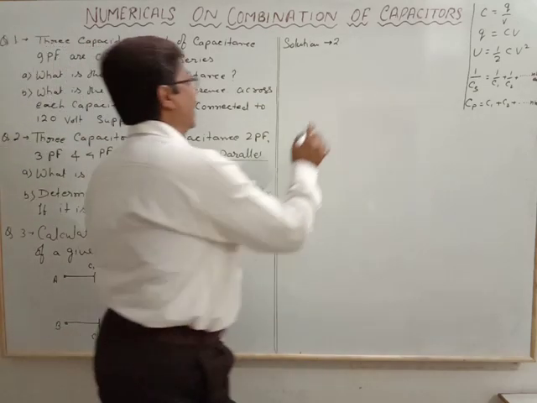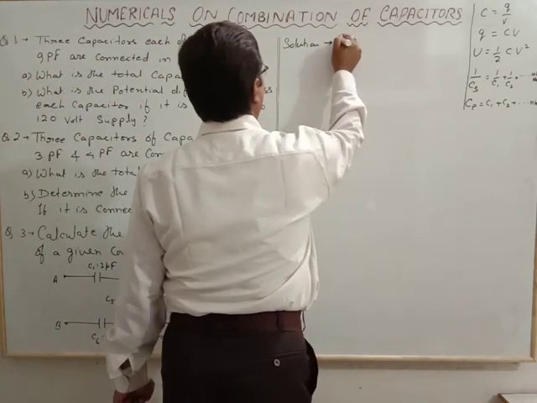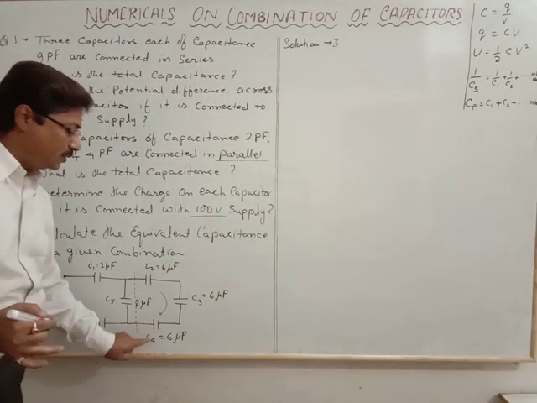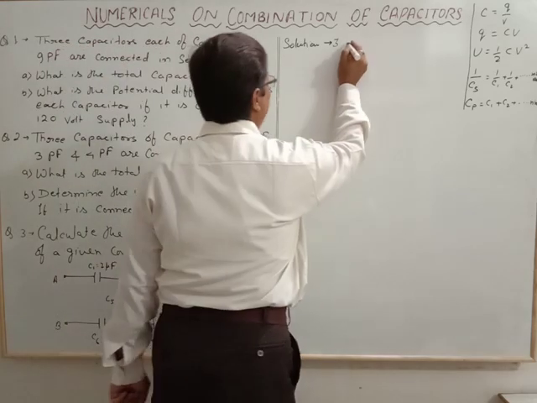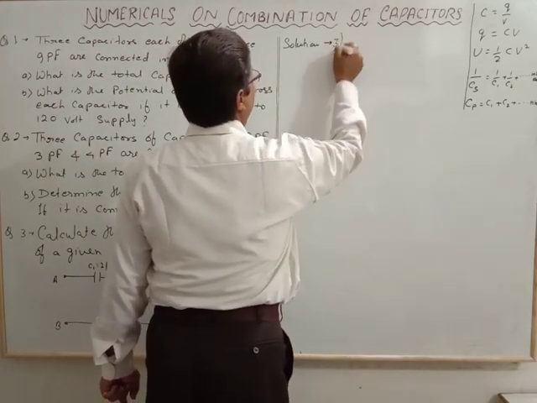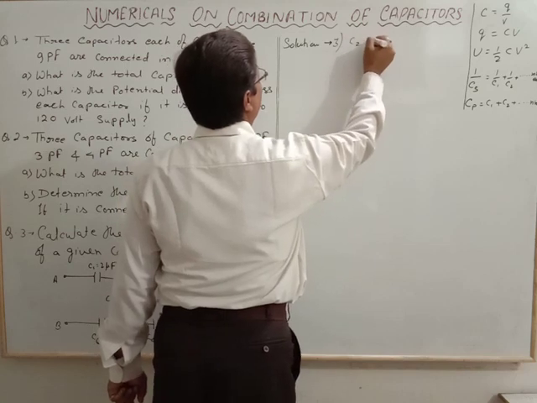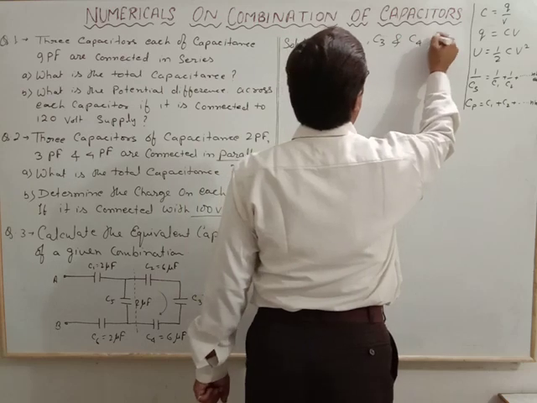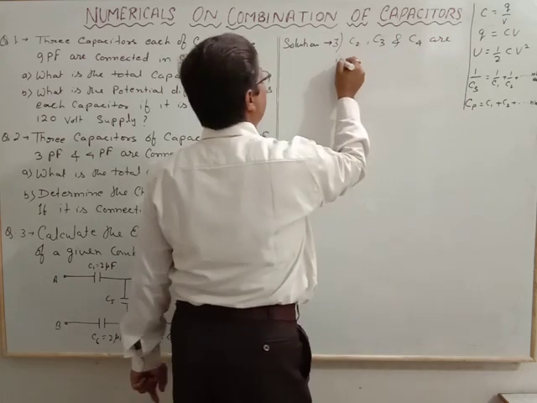So first we calculate the series connection between C2, C3, C4. In the third problem, C2, C3 and C4 are in series combination.